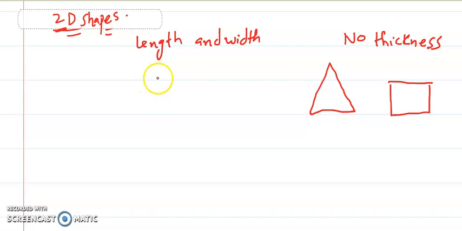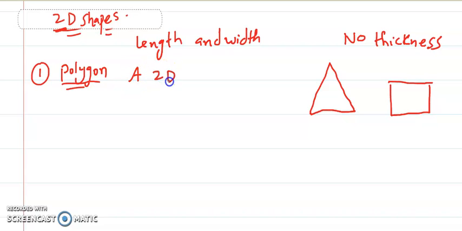There are some vocabulary words that we have to use in any 2D shape. The first vocabulary word that we need to use for the 2D shapes is a polygon. Now, a polygon, we say it is a 2D shape with three or more straight sides and angles.